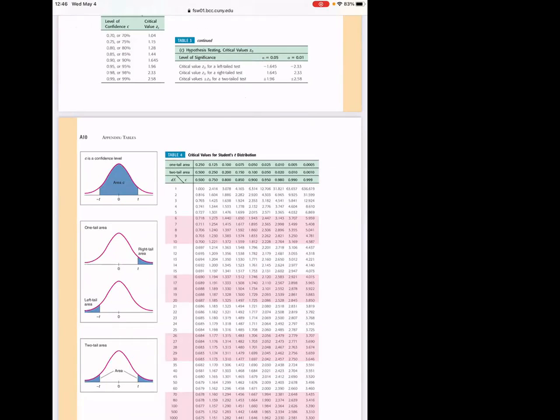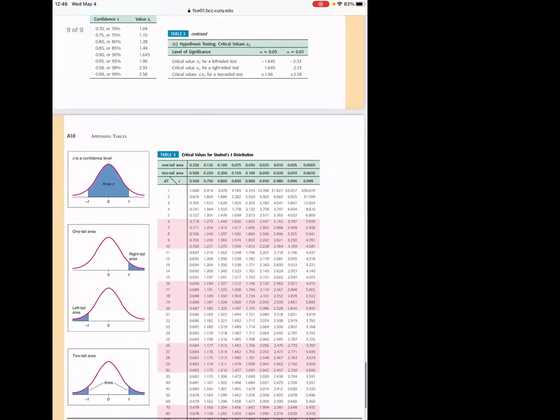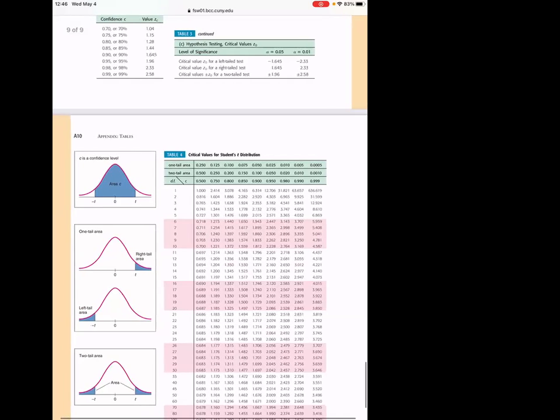I see the one tail area. Forget about the one tail area and the two tail area. The third row, that's 0.500. Oh yeah, I see it. Okay, you see the 0.98? Yes, I do.